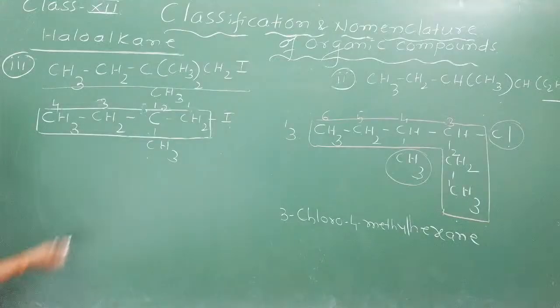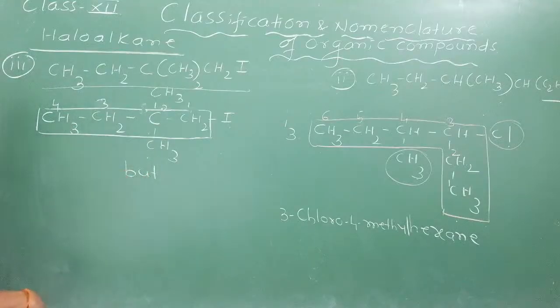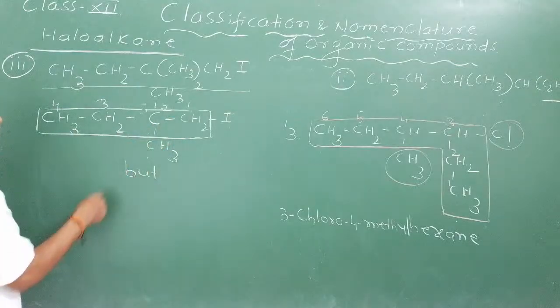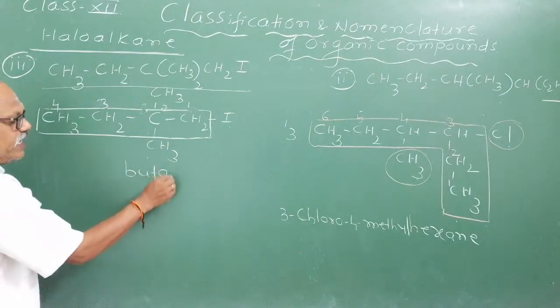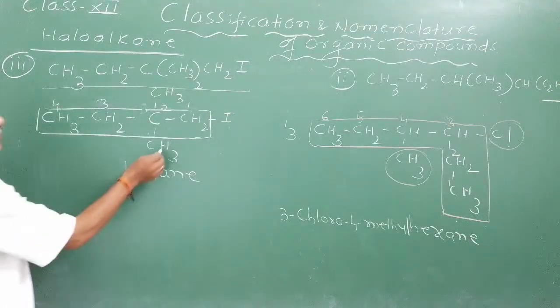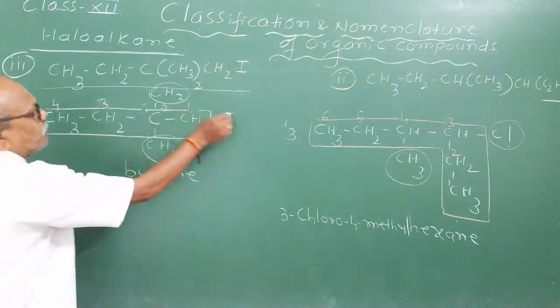What is the IUPAC name? Root word? 1, 2, 3, 4, so the root word will be but. It is a saturated hydrocarbon, therefore the suffix should be ANE. Now, how do you arrange the prefixes? The prefixes are methyl group and iodo group.